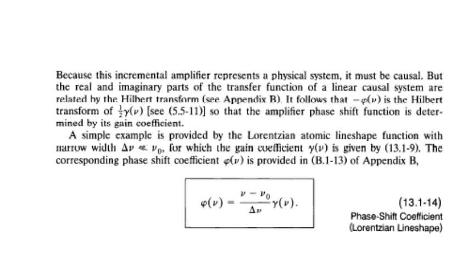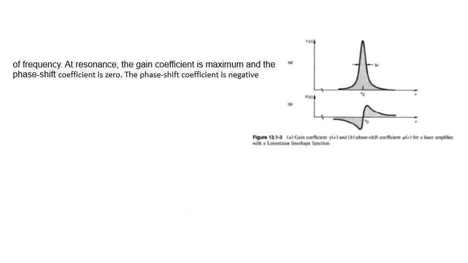If the gain coefficient gamma nu is known, the phase shift phi nu can be given by this relation. At resonance, the gain coefficient is maximum and the phase shift coefficient is 0. Shown here is how this takes place.